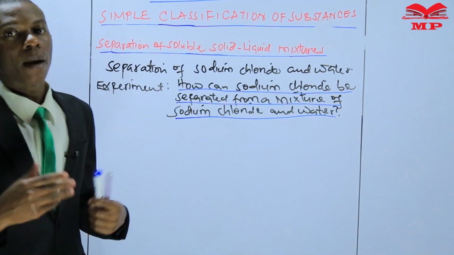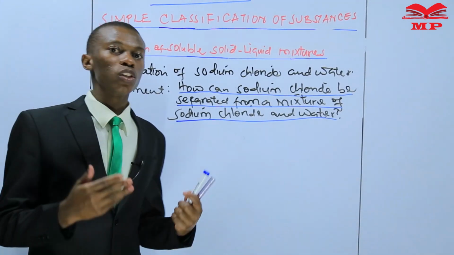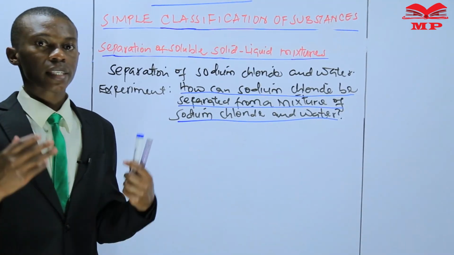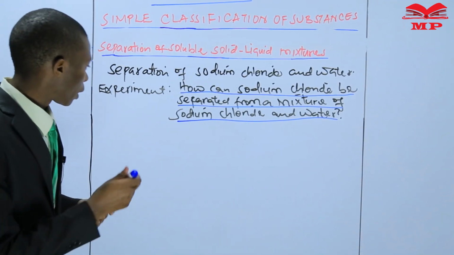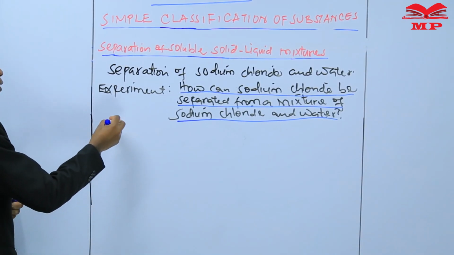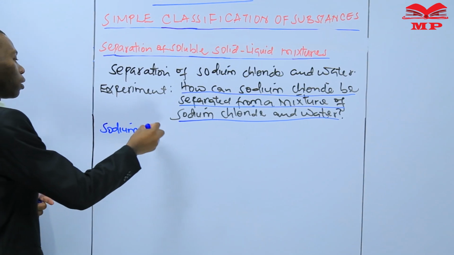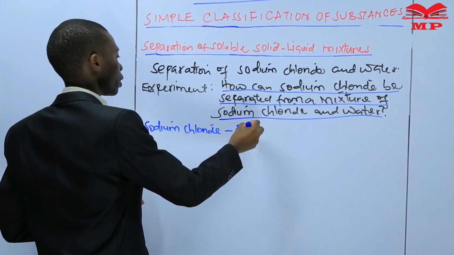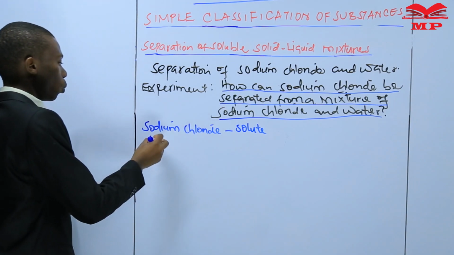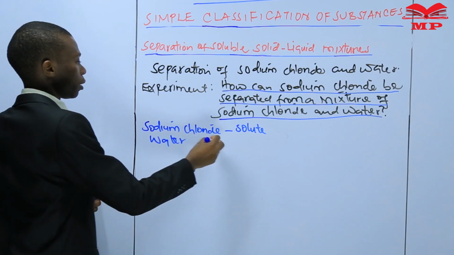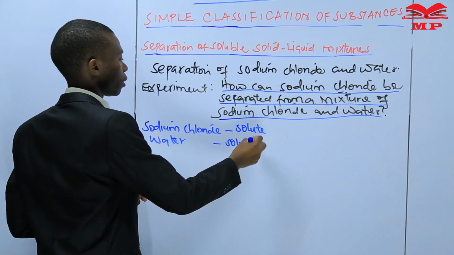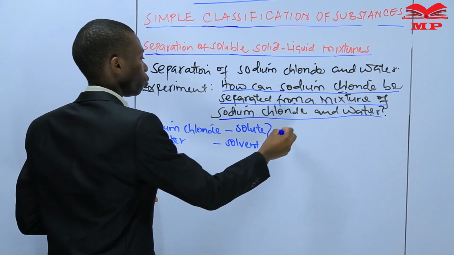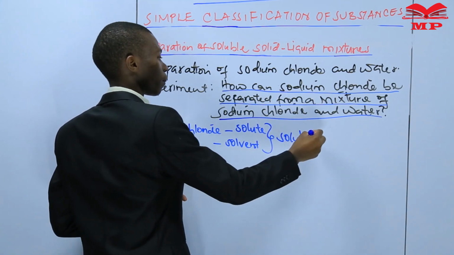Therefore, a mixture of water and sodium chloride is a solution. Sodium chloride is the solute, water is the solvent, and the mixture of these two forms a solution.